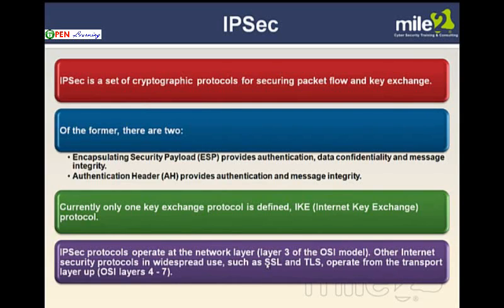It basically has encapsulating security payload and authentication header. The authentication header only gives you the authentication part and some hashing, the integrity. When you use encapsulating security payload, you get all of the same features plus confidentiality. So the ESP gives you the authentication and the integrity plus the confidentiality, again, encryption.